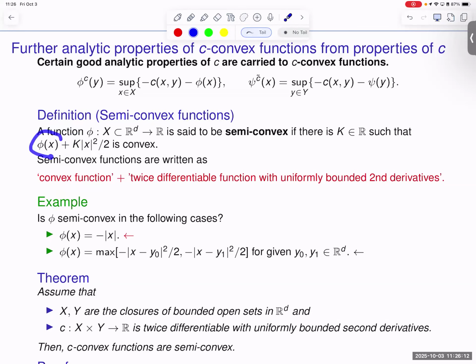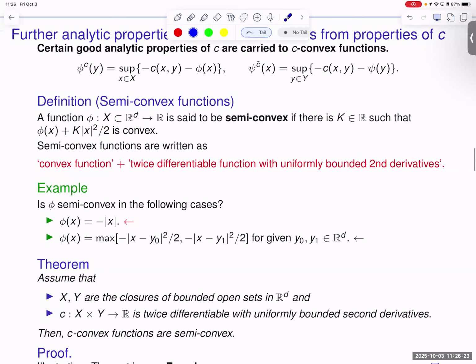So for example, if the function is already convex, it is semi-convex because you don't have to add anything. And some functions, let's say for example, phi of x equals negative x squared. This is obviously not convex, right?